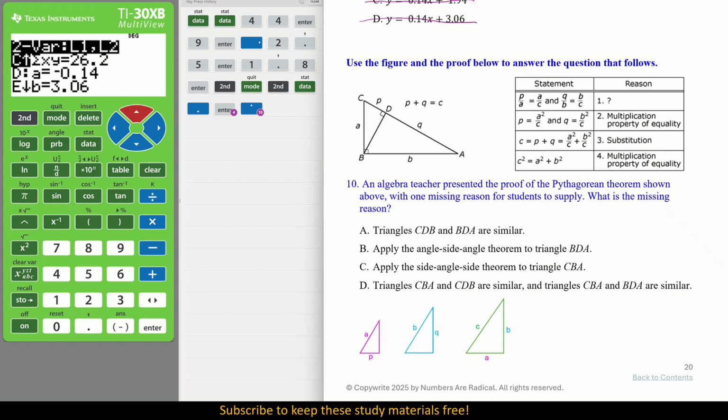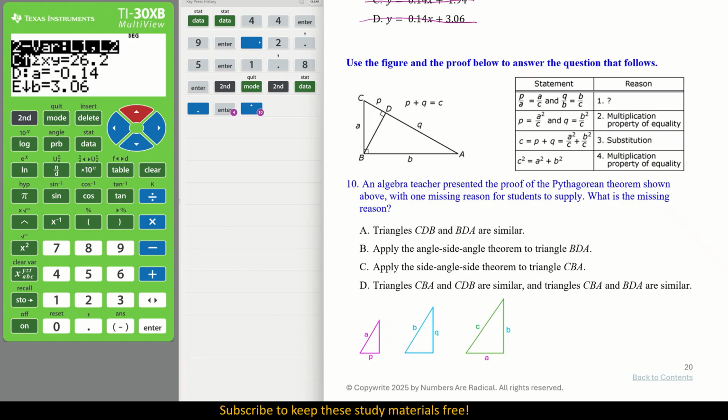Okay. All right. So let's actually read the question. An algebra teacher presented the proof of the Pythagorean theorem shown above with one missing reason for students to supply. So that means the student has to figure it out. What is the missing reason?